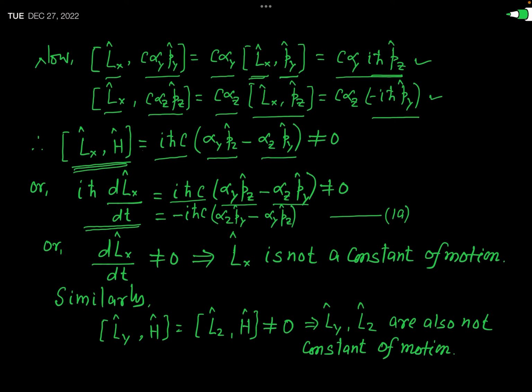Equivalently, you can take the minus as a common factor, and this expression can be written as minus i h bar c (alpha z py minus alpha y pz), and this is not equal to 0. So from here you can see that as i h bar dLx by dt is not 0, dLx by dt is not equal to 0.